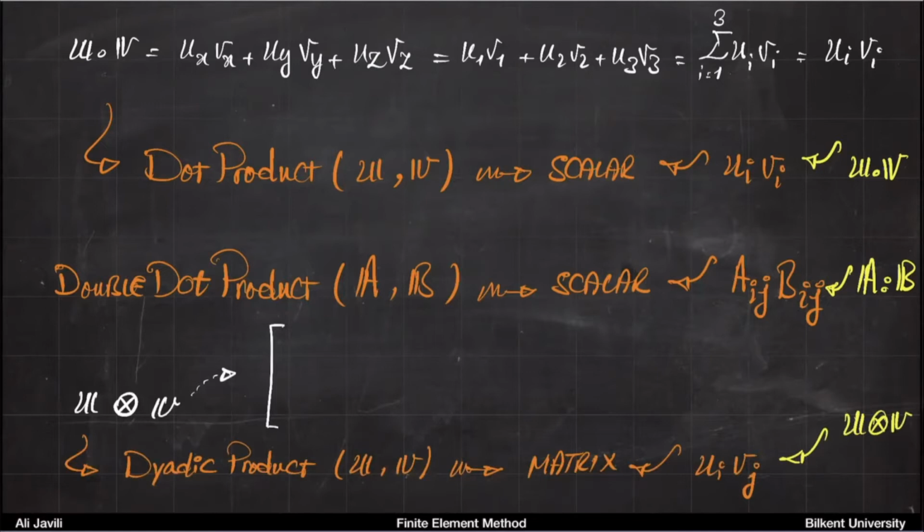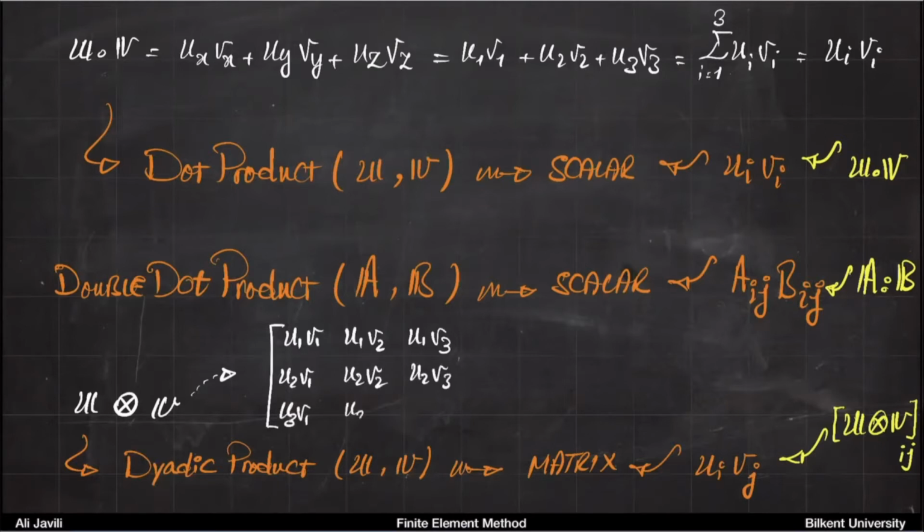And again, if you think about this, for this matrix, the component ij looks like ui vj. So if you want to draw it, the first component of that matrix would be u1 v1. The second component is u1 v2, u1 v3, u2 v1, u2 v2, u2 v3, u3 v1, u3 v2, u3 v3.